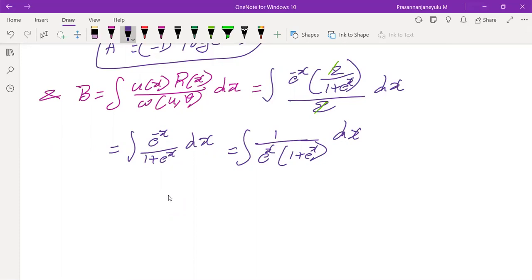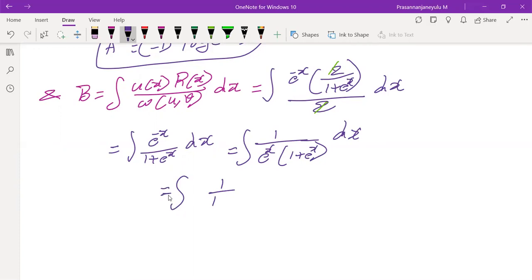But here it is not polynomials. The denominator contains exponentials. So we can use a trial and error method or guessing method. So I'm writing like this.